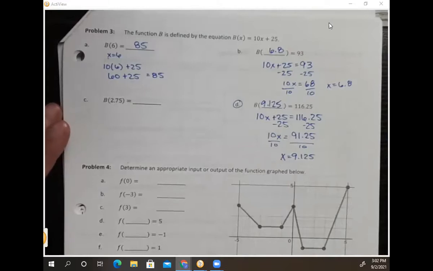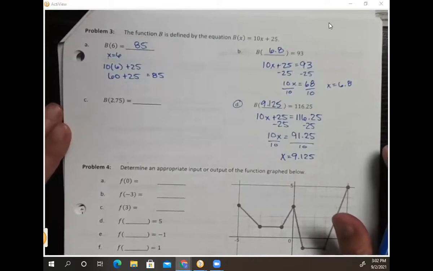You may have needed to pull out the calculator on this one. That's okay. Questions here?